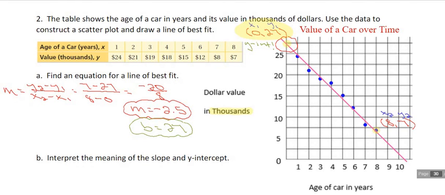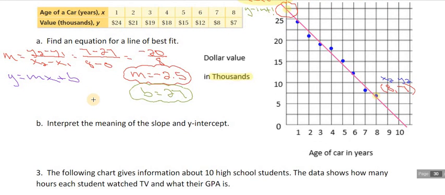So if I write my y equals mx plus b, I now have very little work to do. I just need to plug in negative 2.5 for m and 27 for b. So y equals negative 2.5 times x plus 27.